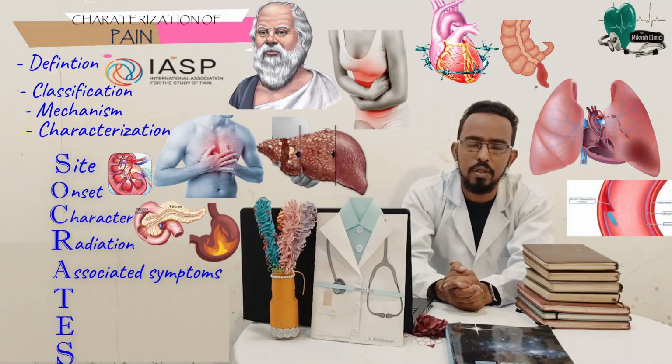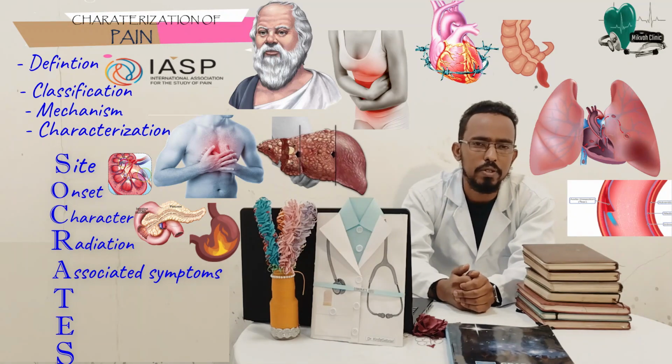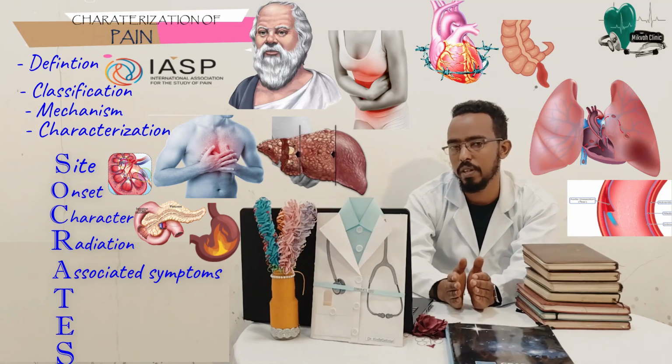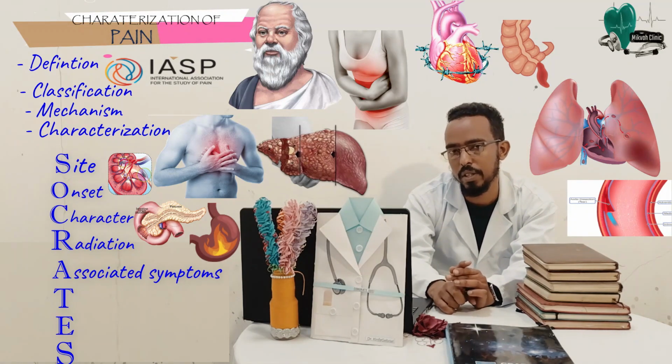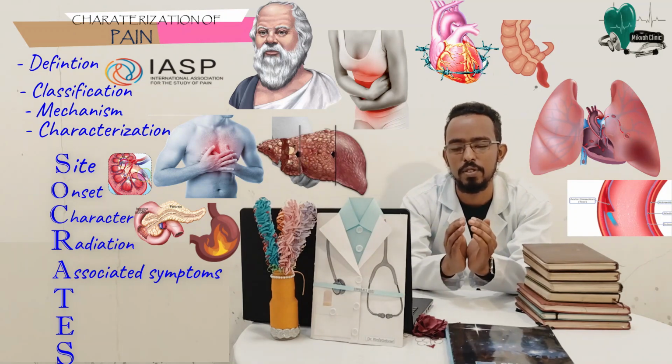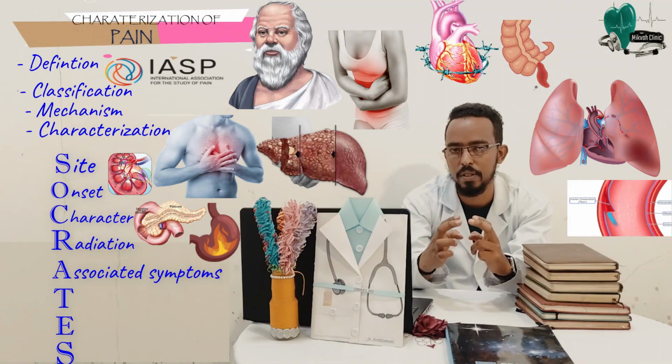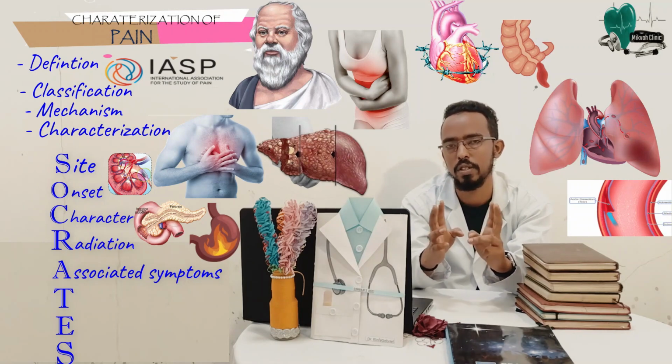So when we come to characterization or quality, when we assess the quality of the pain, different patients have different ways of expressing their pain. But there are commonly understandable expressions of a patient. For example, a patient may say he has a crampy abdominal pain.